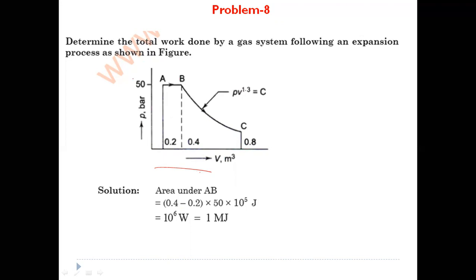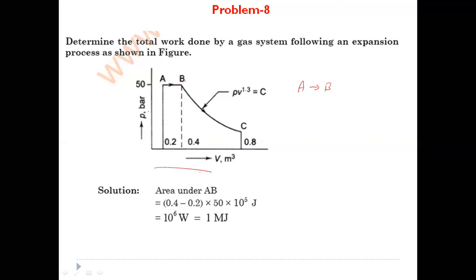If you observe, there are two curves: one curve is A to B and another is B to C. For these two curves, we have to find the net work done. If you consider A to B as one process, it is a horizontal line.